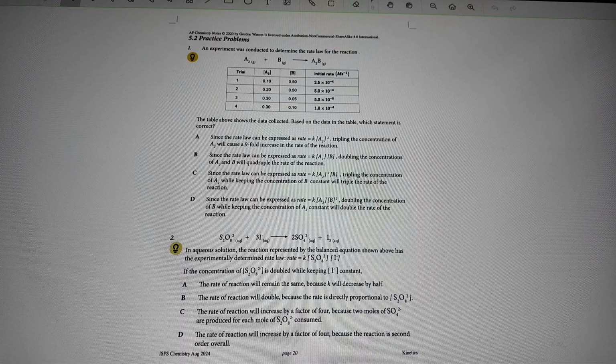So all this says is that when you decrease the amount of B, you decrease the reaction as a whole.